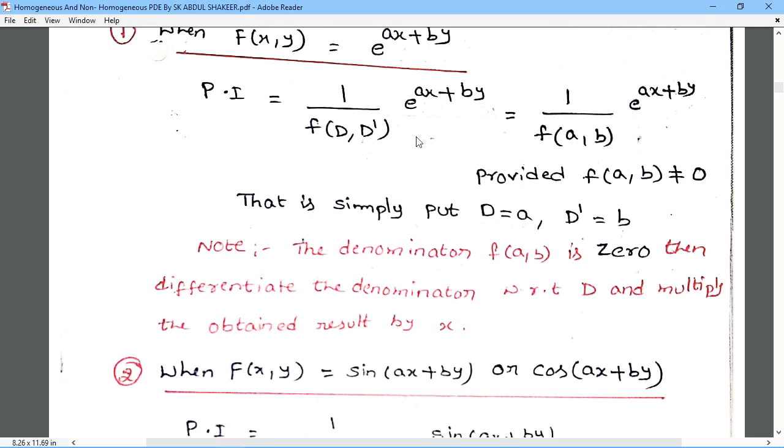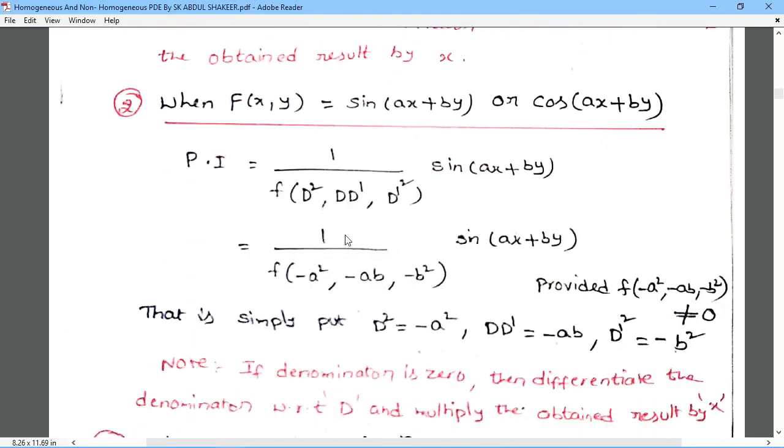Then the denominator is again differentiated with respect to the operator D. This process is continued, putting D equal to a and D dash equal to b, until the denominator value is non-zero. Then we stop this process and write the particular integral, and then the complete solution is taken as z equal to CF plus PI.